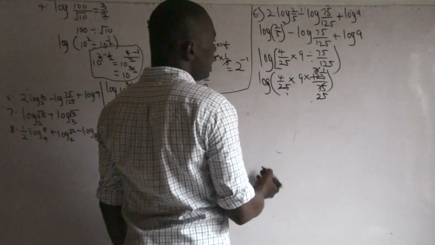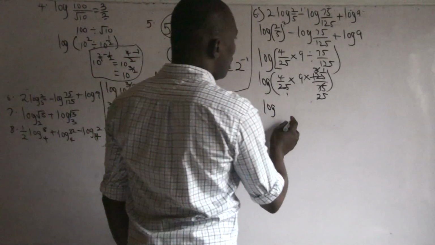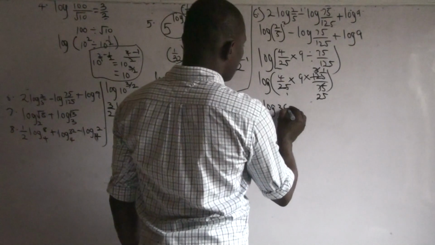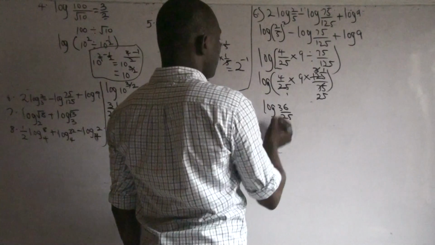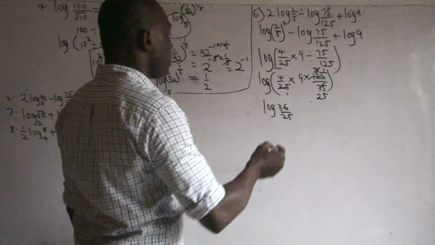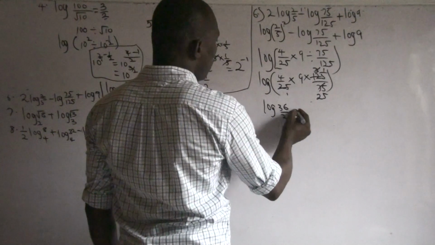Okay. And here this becomes log 36 over 25. Okay, so here there's no way we can simplify further. We will leave our answer in this manner, or we can simplify further.